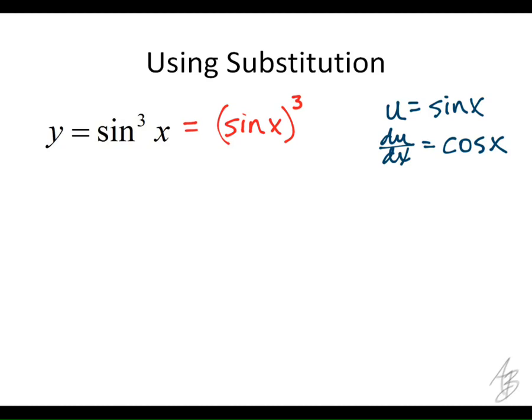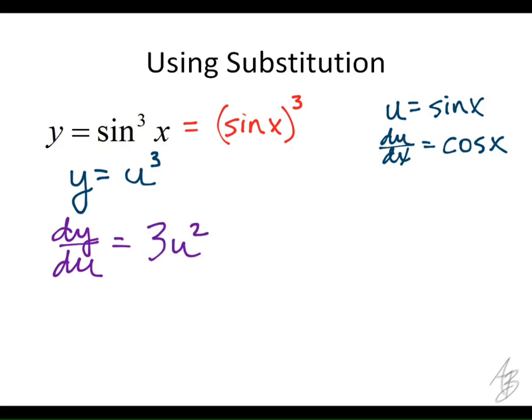And we can rewrite y then, y equals u to the third power. Because we said that sine of x is equal to u. Which means that the derivative of y with respect to u is 3u squared.